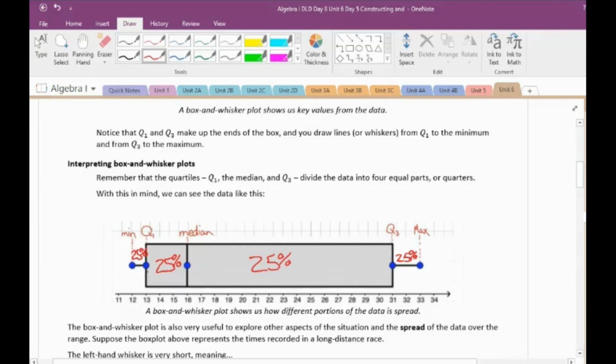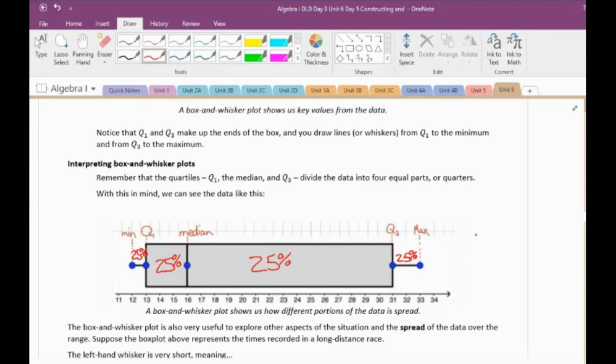There'd be 10 that would go from 13 to 16, somewhere in those values. There would be 10 more in this range from 16 to 31, and there'd be 10 more in this range from 31 to 33. Okay, however many you had as a total, you'd be able to figure out how many were in each range simply by taking 25%.